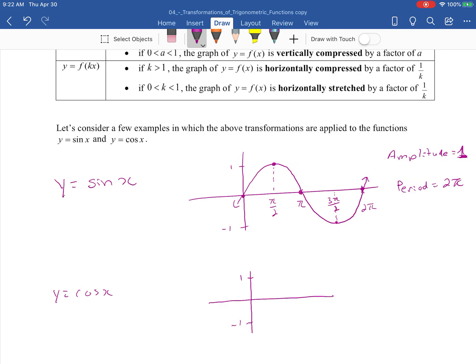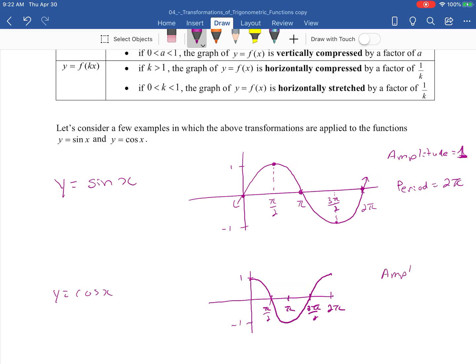Y equals cos x is very, very similar. One little change. Again, 1 and negative 1 are the limits on the range, and then it does the same thing as it goes up and down like this periodically, and it does it in 2 pi. So these key points are at these same locations. The only difference is where it starts.